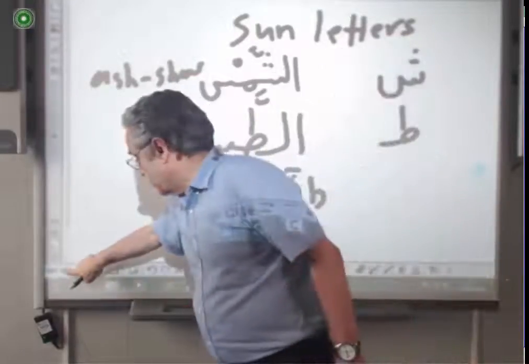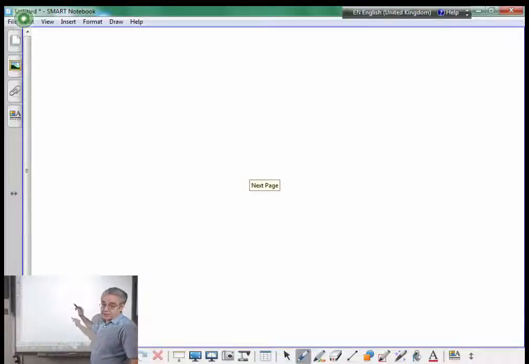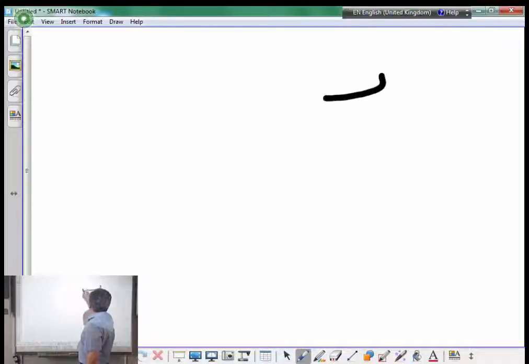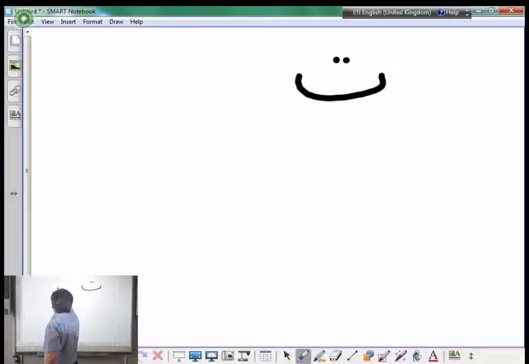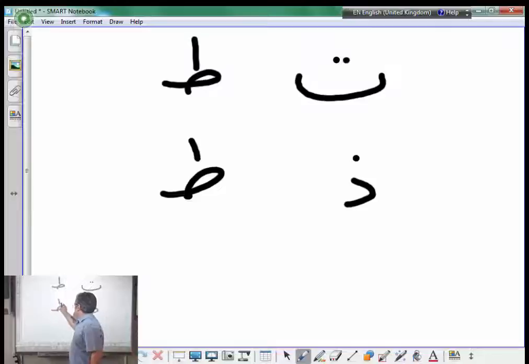Maybe the last thing we can look at is the similarity of the pronunciation. You have the ta and ta. You have the other letters, dal and va.